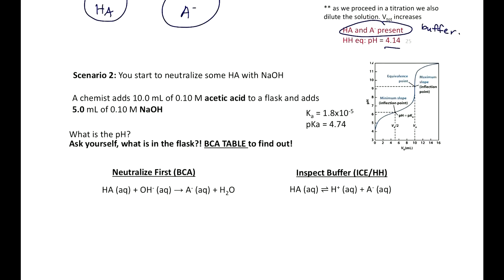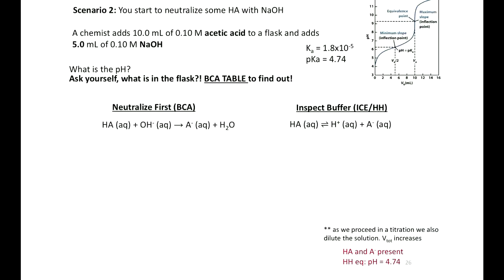So our pH should continue to go up, but let's check it. So this is the exact same process, just with different numbers. So we have 1 millimole of acid still, but now we are adding 0.5 millimoles of sodium hydroxide. So the only thing that changes here is that sodium hydroxide in our BCA table.